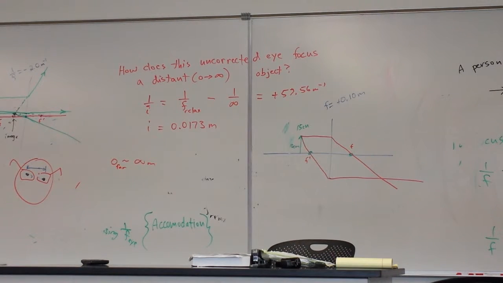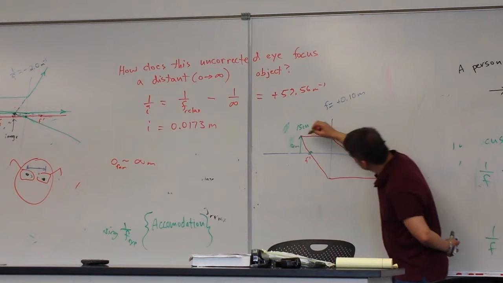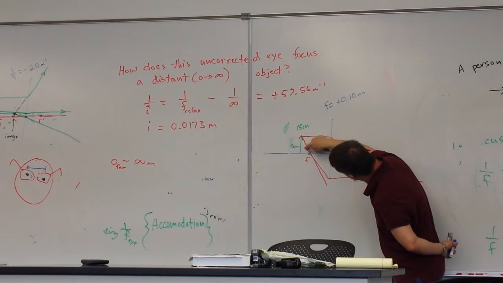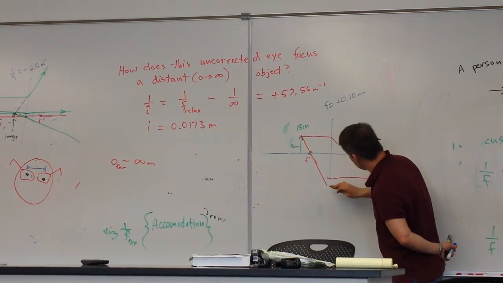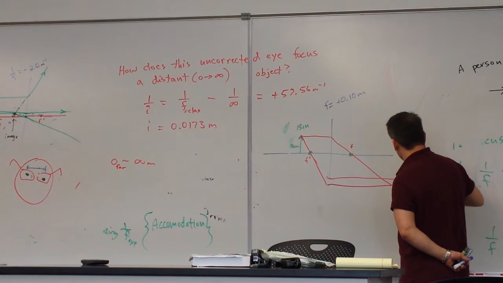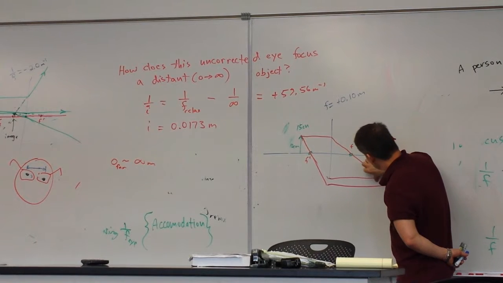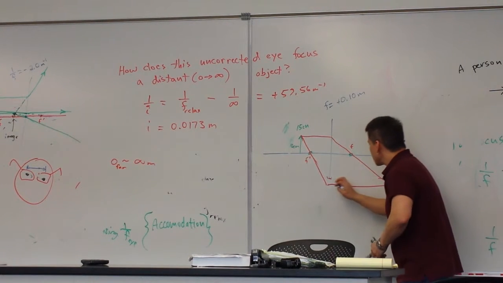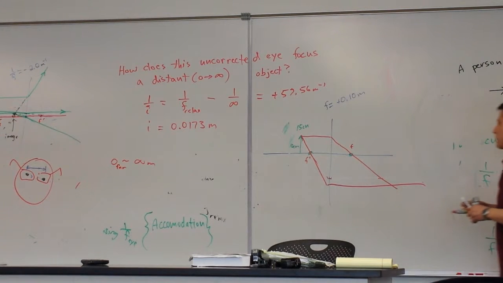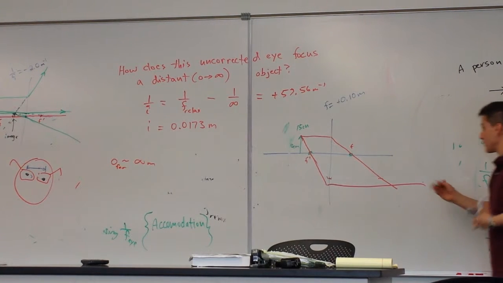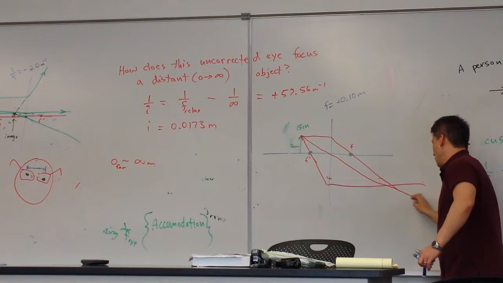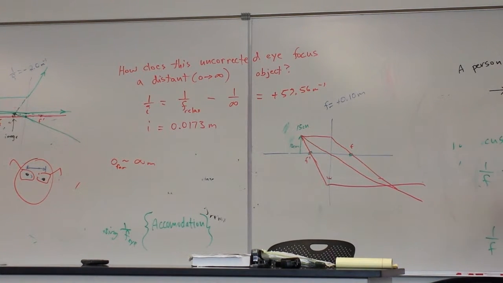I have a feeling this ray here is not quite steep enough. It's more like that. Try to keep it as to scale as possible. Easier said than done for an artistically challenged individual like myself. And then the third ray would go right through the center. And lo and behold, you get your little image over here. So this would be your first image.